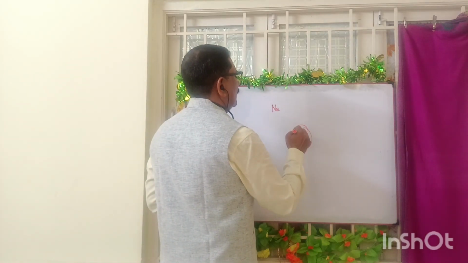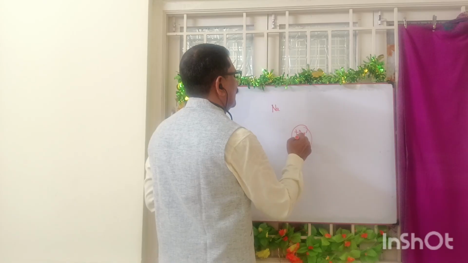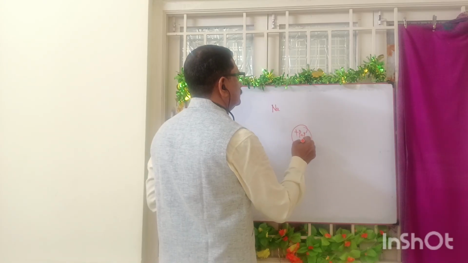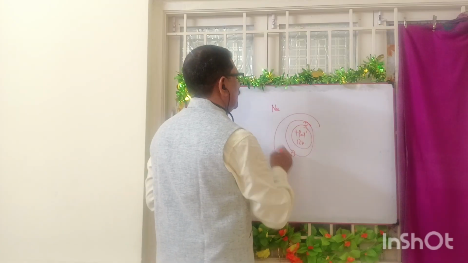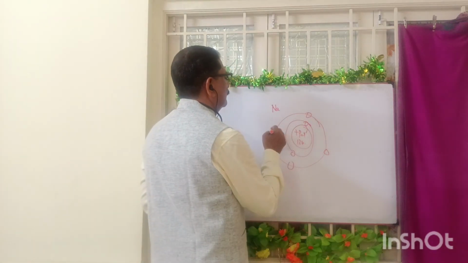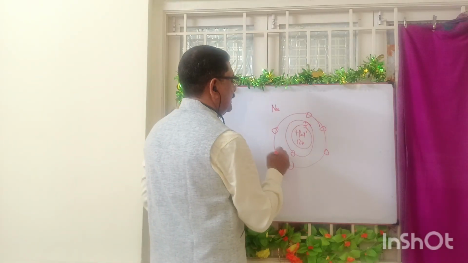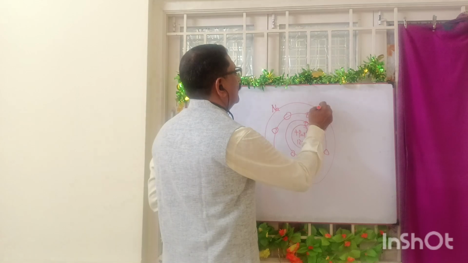The nucleus is 11 protons and 12 neutrons. Then we draw the first orbit. Next we draw the second orbit. Make it 8. And the last one, 1.